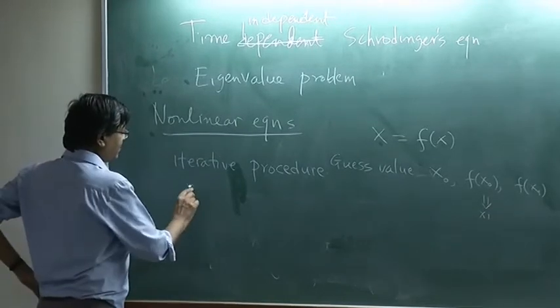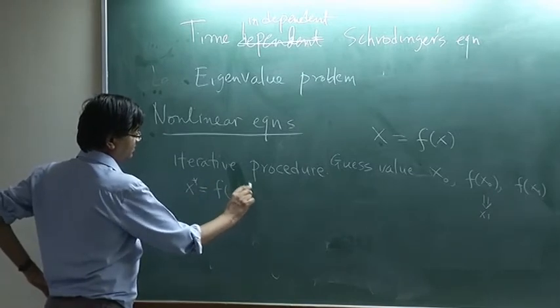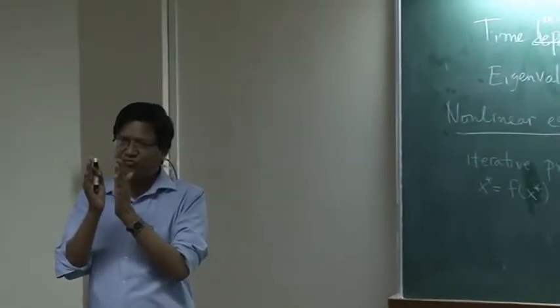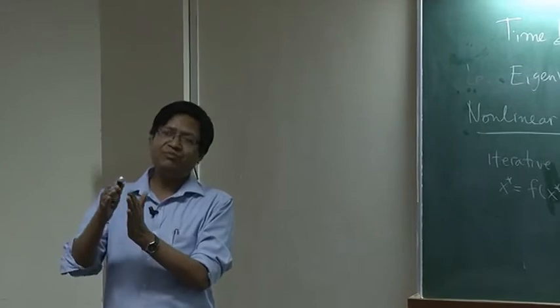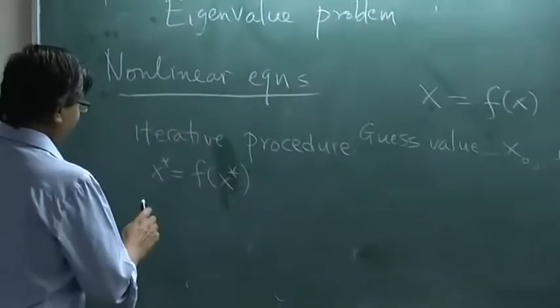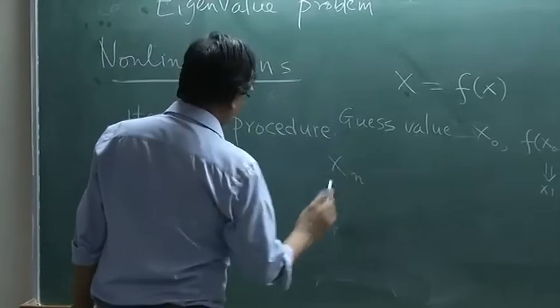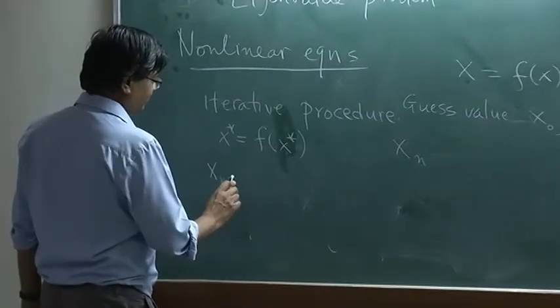Let us say that my answer is x star. There could be more than one x star, but I am close to that. Let us say that one of the solutions is x star, and I start from a value near x star. Imagine that I am starting with x_n, for arbitrary x_n.